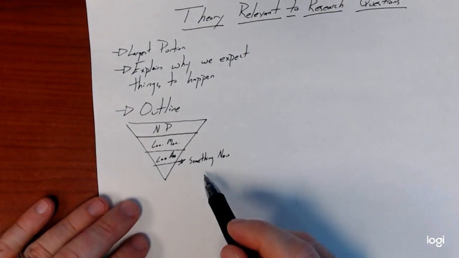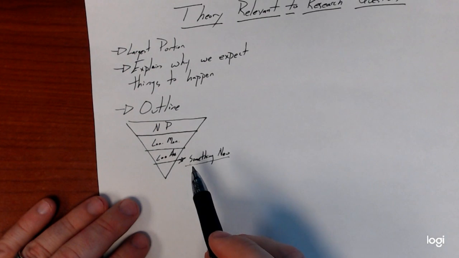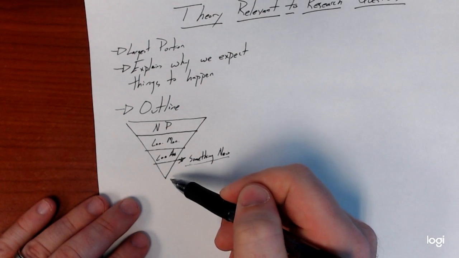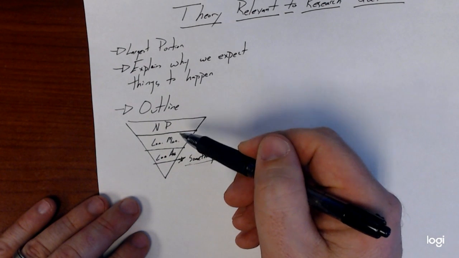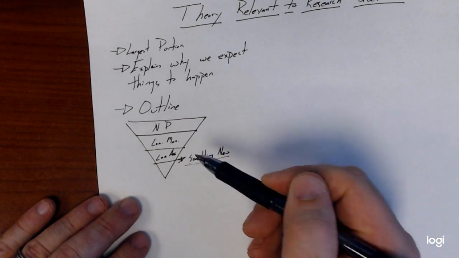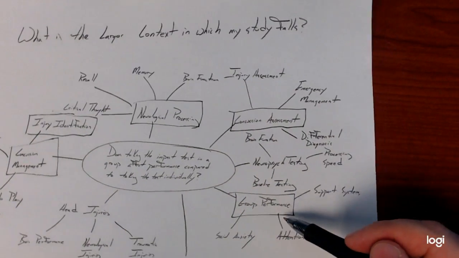But see here where we have the something new, right? So we are going to describe something different that is outside of this normal process that people have looked at, right? We have neurological processing, we have concussion management, we have concussion assessment, but what is this new thing that we come through, this is going to be group performance.